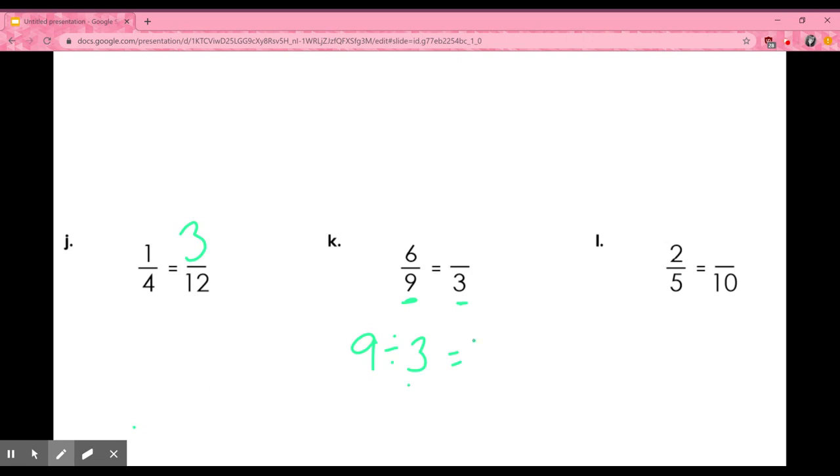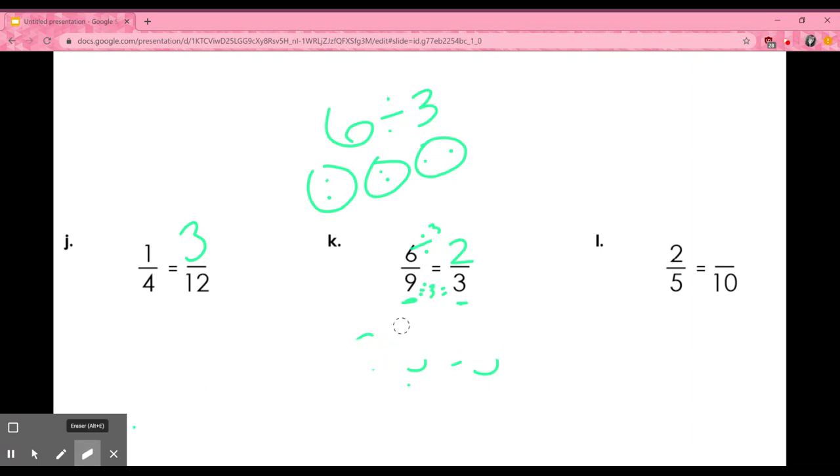That took 3 jumps. So they divided 9 by 3 and got 3. So we need to divide 6 by 3. We'll go 1, 2, 3, count up to 6. 1, 2, 3, 4, 5, 6. Our answer is 2. So 6/9 is equal to 2/3.